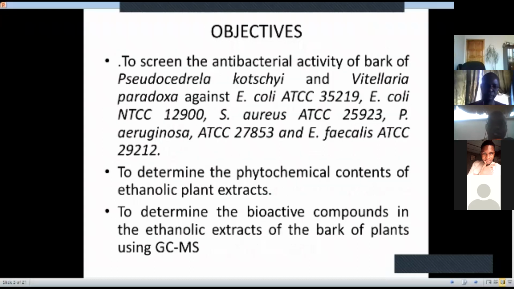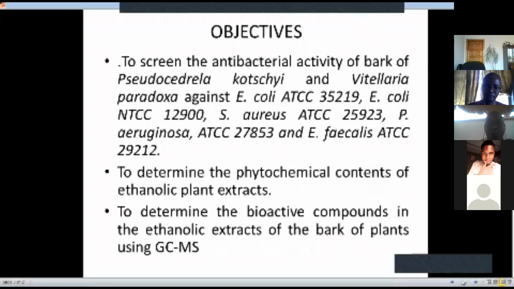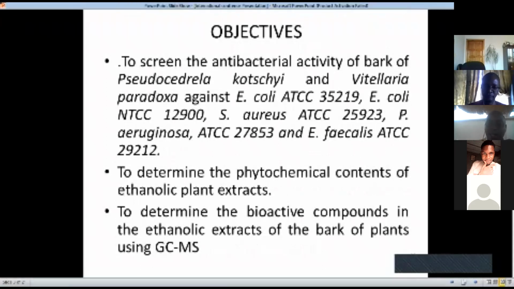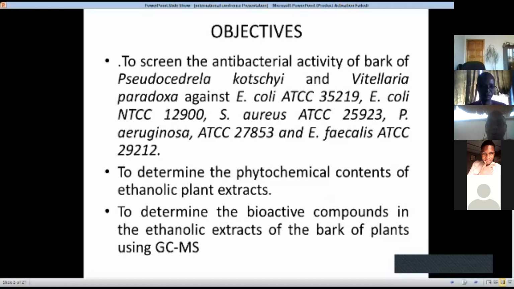The objective of this research work is to carry out the antimicrobial activities of the bark of both plants on certain important medical isolates, more especially E. coli that causes a lot of gastrointestinal tract infection, Staphylococcus aureus that causes a lot of skin infection, as well as Enterococcus faecalis and P. aeruginosa.